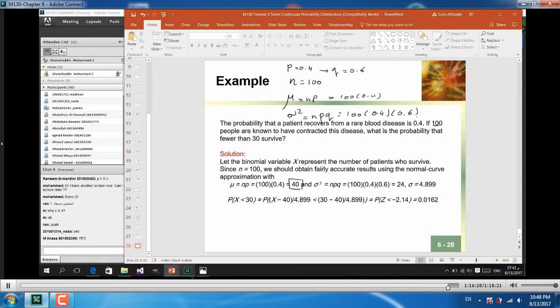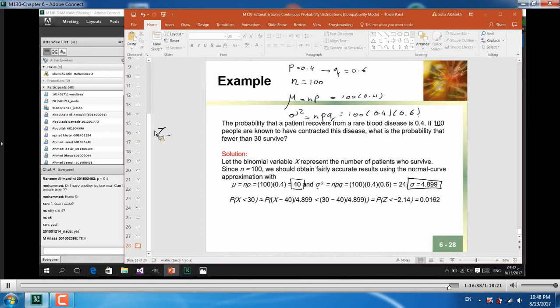You will get that sigma square is 24, so the sigma is 4.899. So the conversion here for me will be x minus the mu, which is 40, divided by the sigma, which is 4.899. So this is the formula that I will use for the conversion for the approximation.